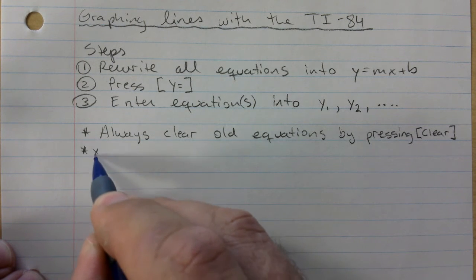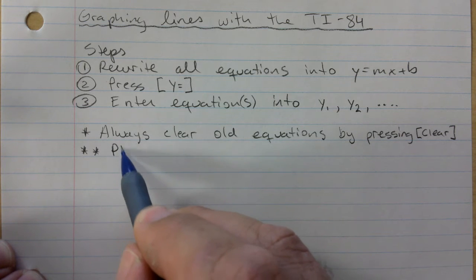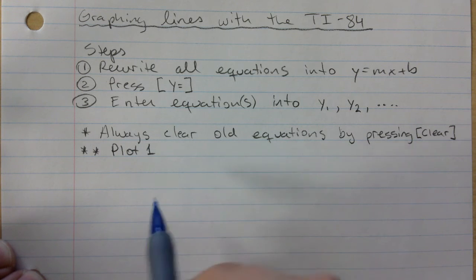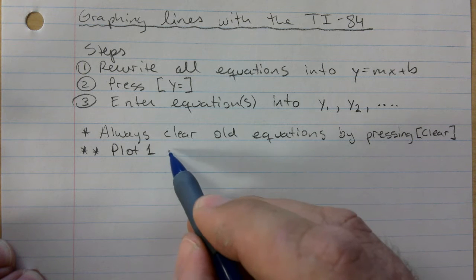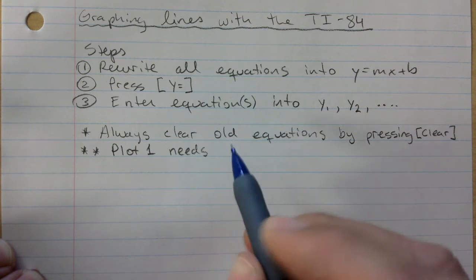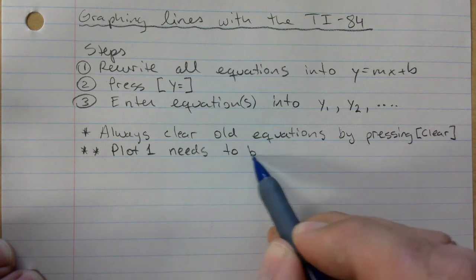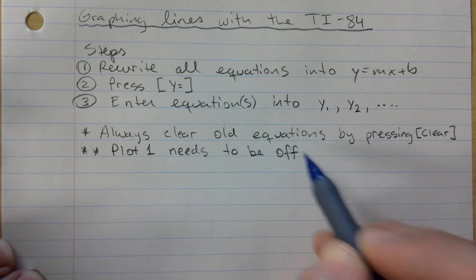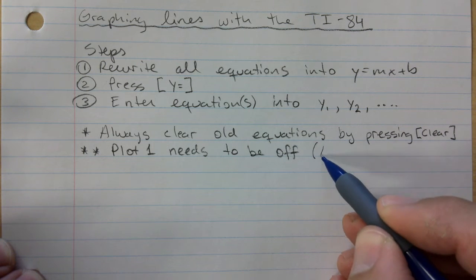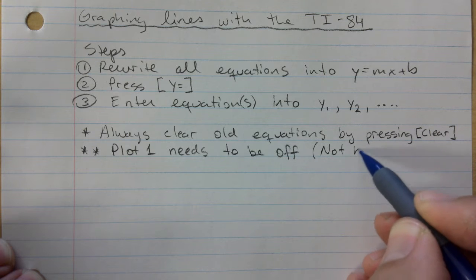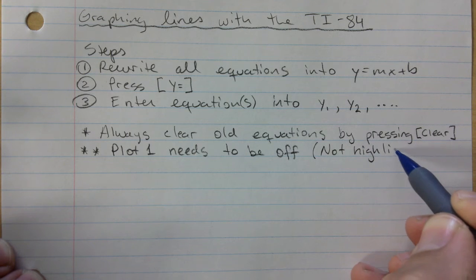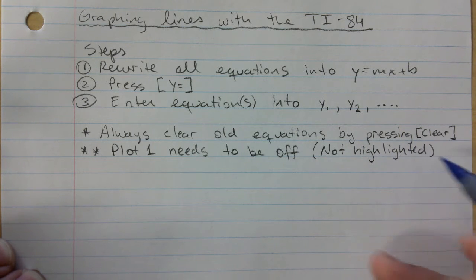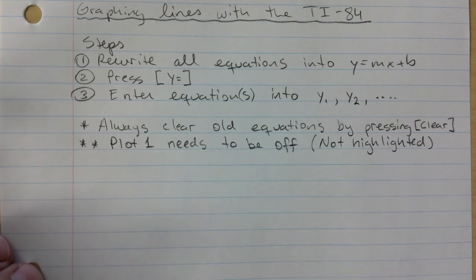And the second note here, plot 1 needs to be off. And this is how you know it's not highlighted. That's how you know something is off, if it's not highlighted.